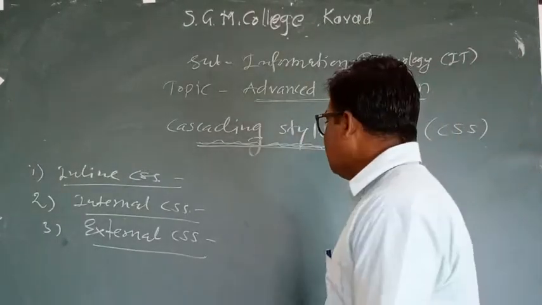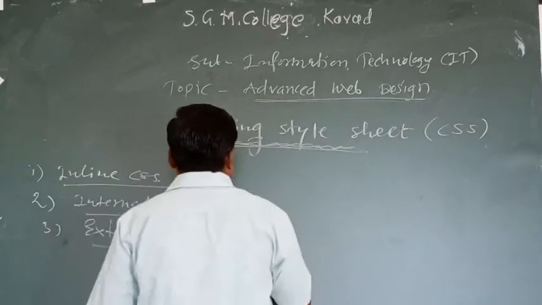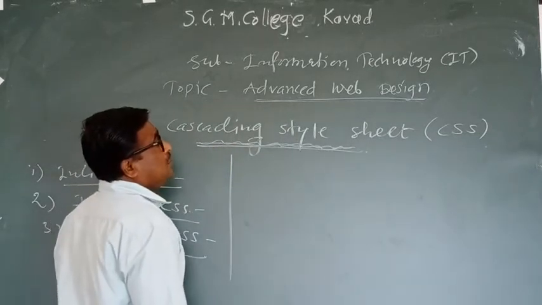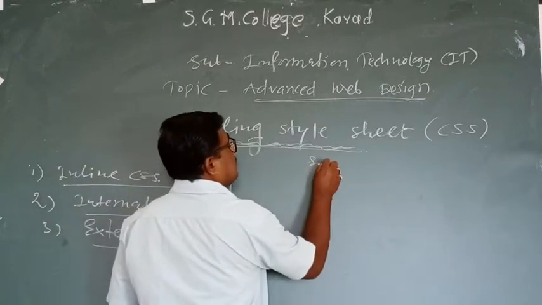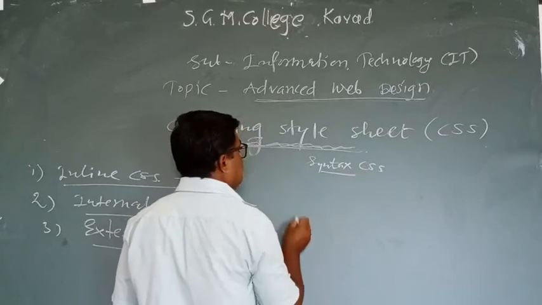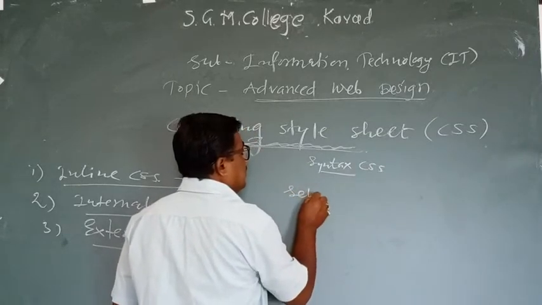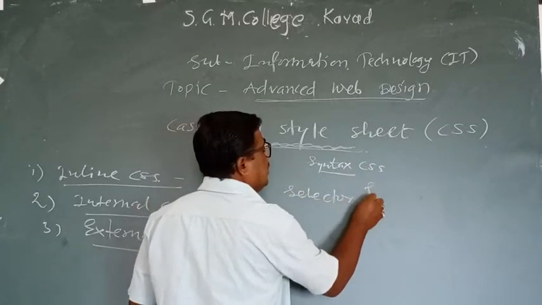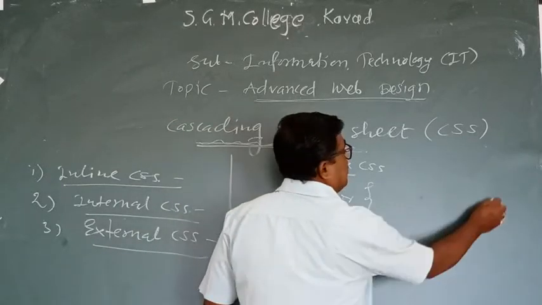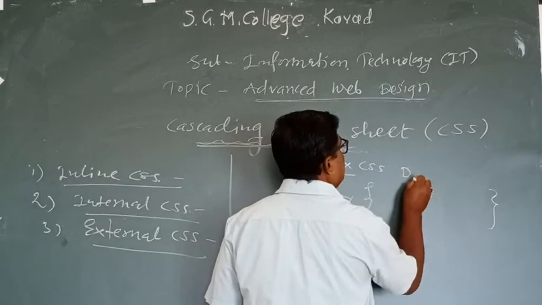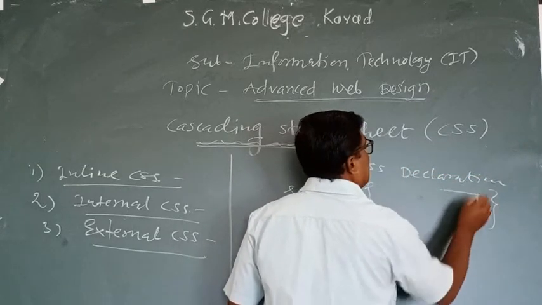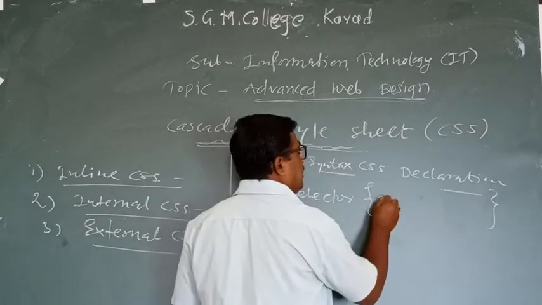Cascading style sheets. For that purpose, we have to know the syntax of CSS. The syntax of CSS is: selector, curly bracket, in the curly bracket there is a declaration, and in the declaration there is a property and value.